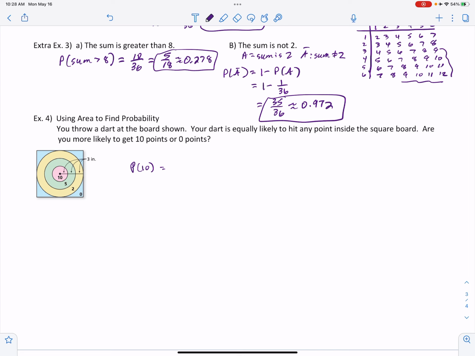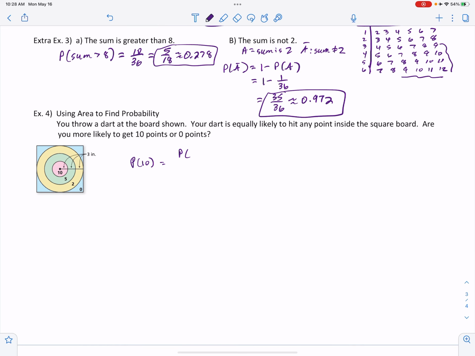And so the probability of 10 is that area, so the area of the circle of radius 3 over the area of the square. And so we use the areas of that. And so the circle is going to be pi times radius squared, pi r squared.